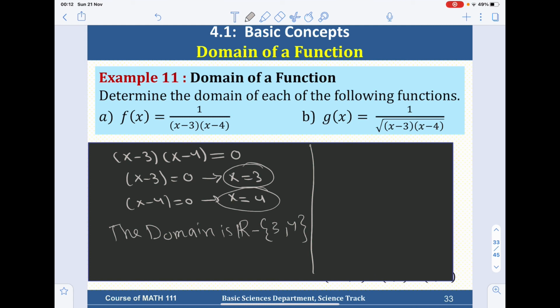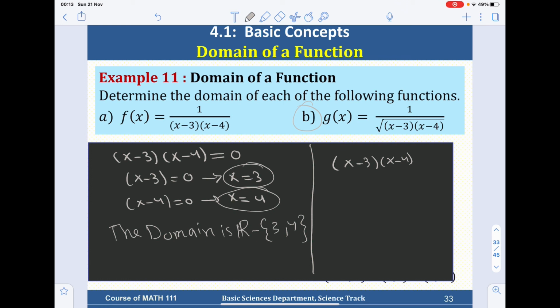Okay, for part B, since the radical is in the denominator, I don't want the value under the root to be 0, because it's located in the denominator, and also I don't want this value to be negative.